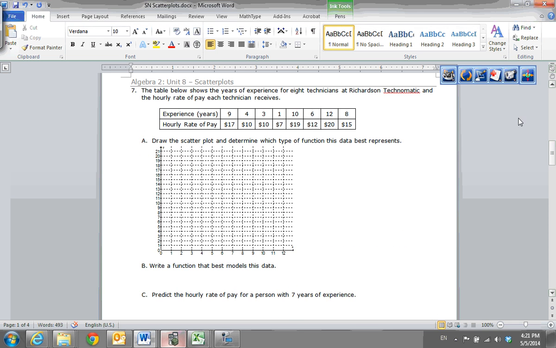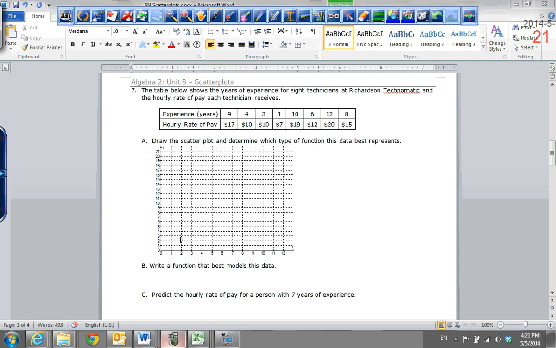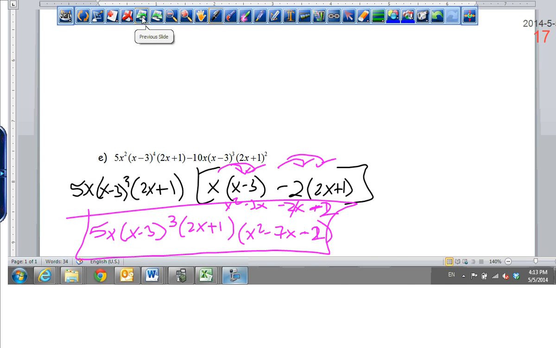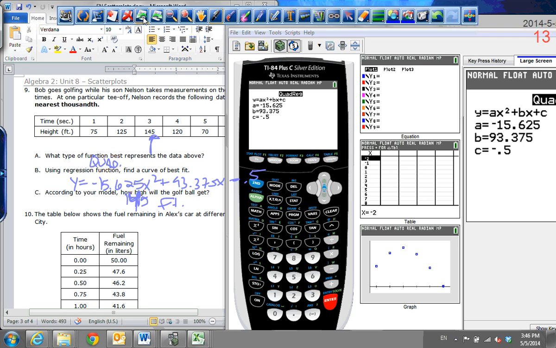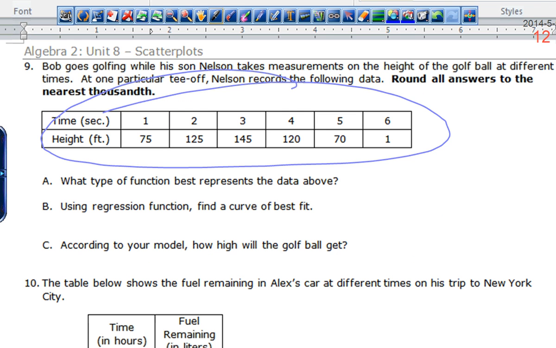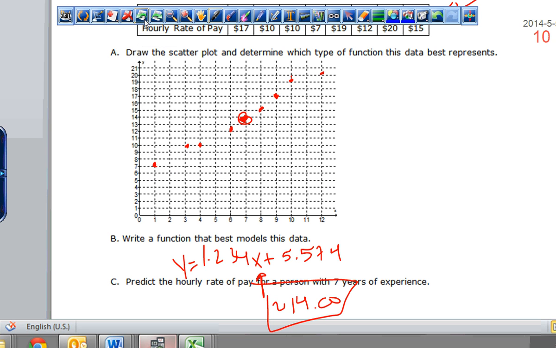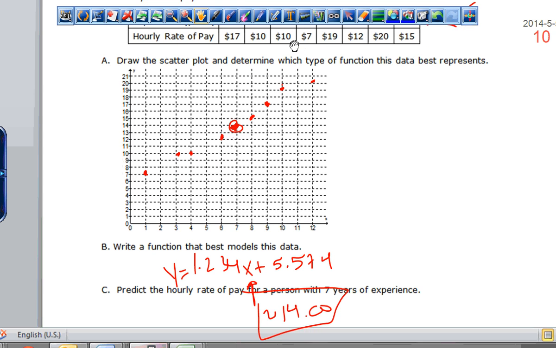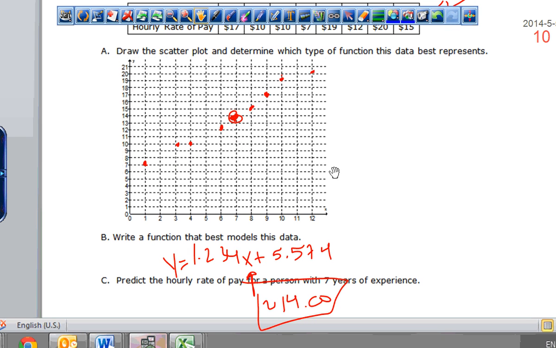Let's see, number 7. Go ahead and plot those points. So if you plot those points, let me see if I can get the picture here. Yeah, nope, sorry. You plot those points. Once again, we did stat edit. In L1, we put our x's. In L2, we put our y's. Then we got the equation using stat calc and then linear regression.